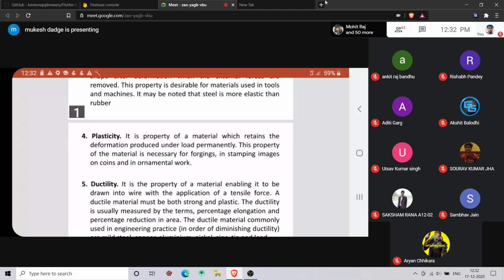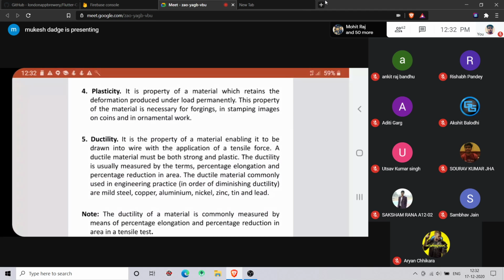Next point is plasticity. It is the property of material which retains the deformation produced under load permanently. How much percent is permanently deformed, that is plasticity.